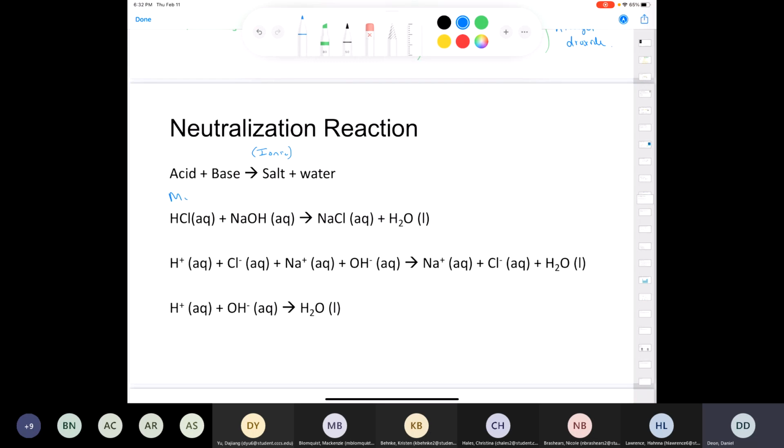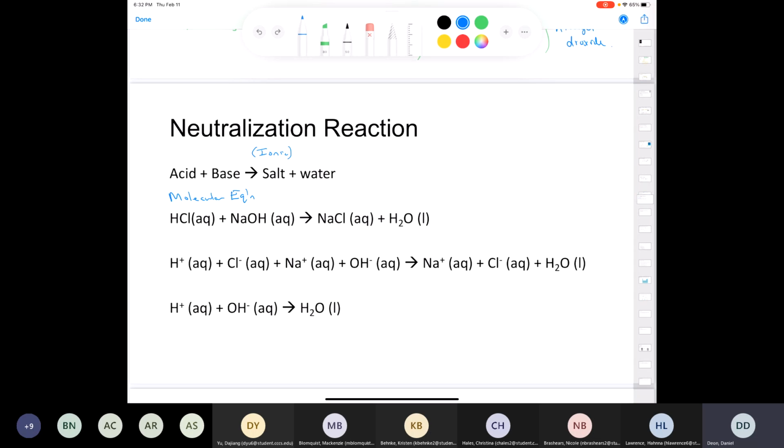But here's a molecular equation for what happens if you combine hydrochloric acid and sodium hydroxide. The proton combines with this anion to produce water, and this cation combines with this anion to give you sodium chloride, table salt.